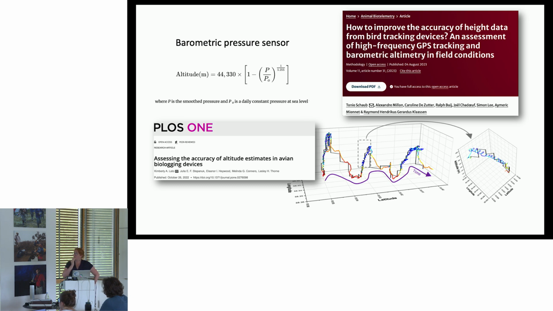There are a few different papers out there that would give you an argument for why to use a barometric pressure sensor instead of the GPS altitude. Piece that together as another auxiliary sensor, and then we have a nice accurate track and behavior.